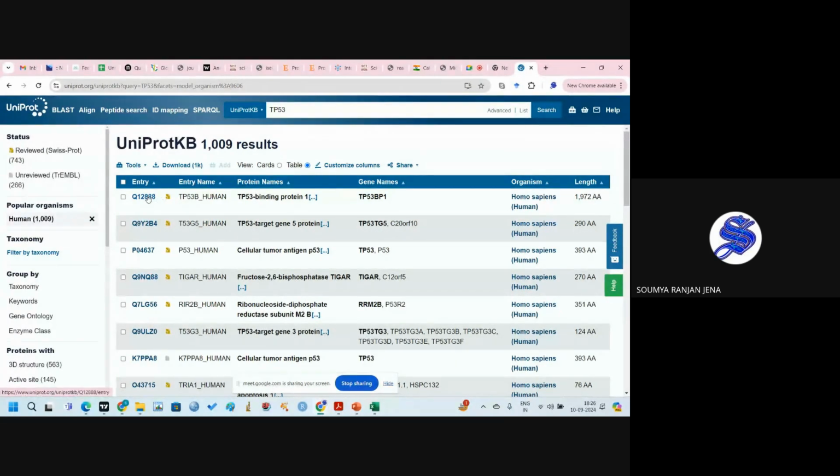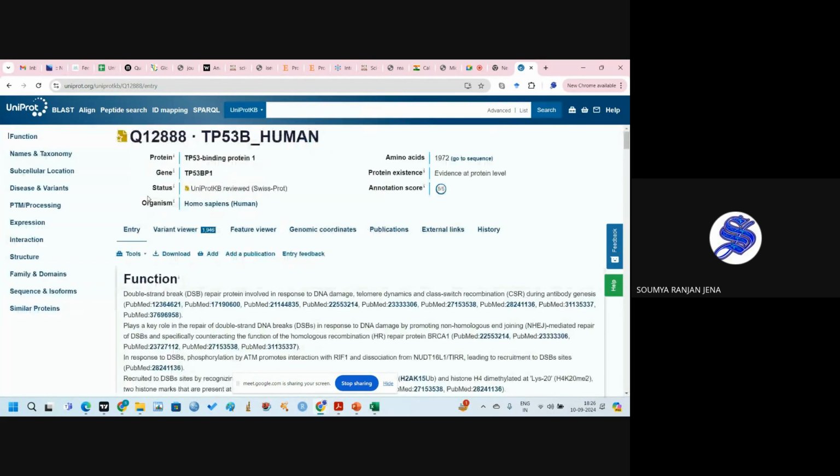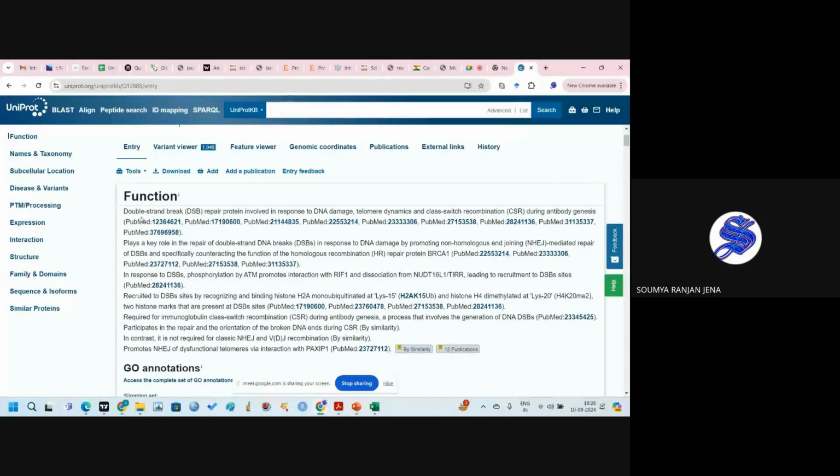If I click on the first one, it will show a double strand break repair protein involved in response to DNA damage and telomere dynamics. It gives all the functions, and it will also give the citations of this TP53 gene by different PubMed IDs.